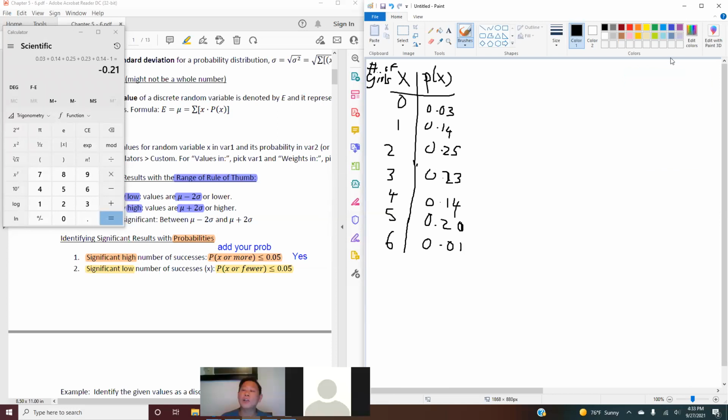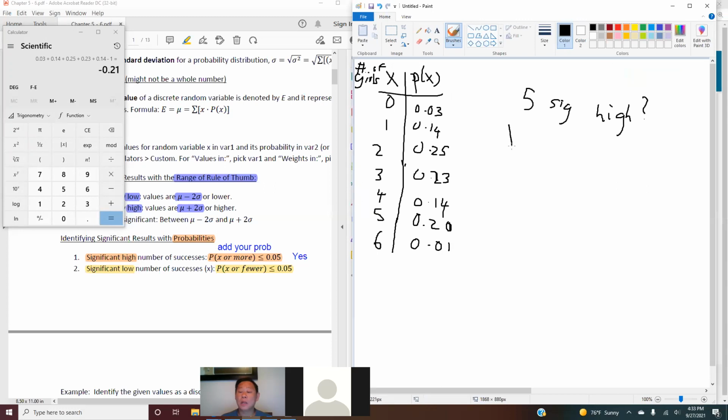So the question is asking: is 5 significantly high? They're asking whether 5 is significantly high using probability. I'm not asking you to use the range rule of thumb.